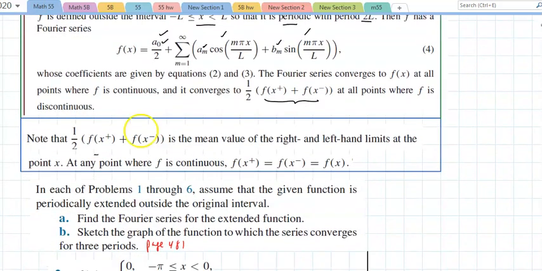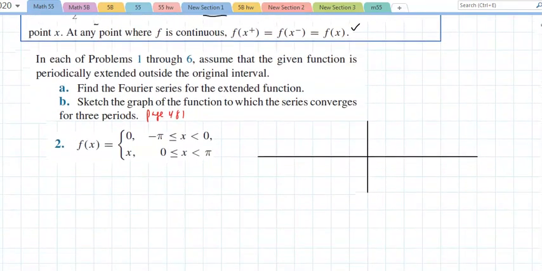Note that, and they tell you what this is. This is the average. Mean means the average value of the right and the left hand limit at the point x. At any point where f is continuous, basically, you set the positive equal the negative equal f of x.